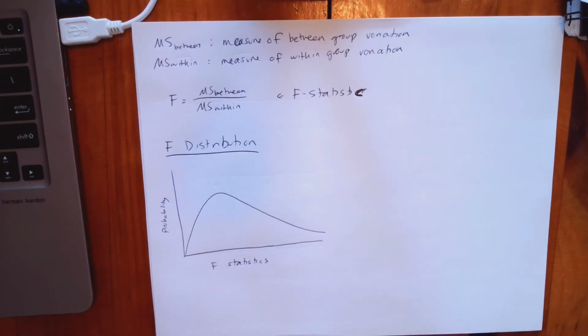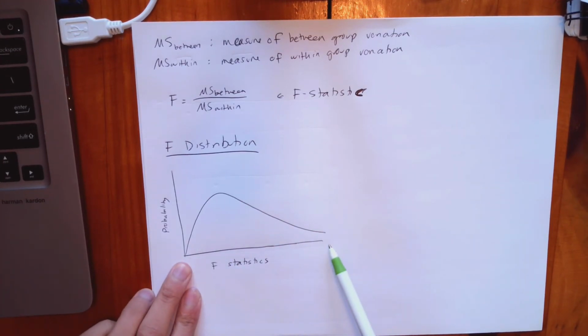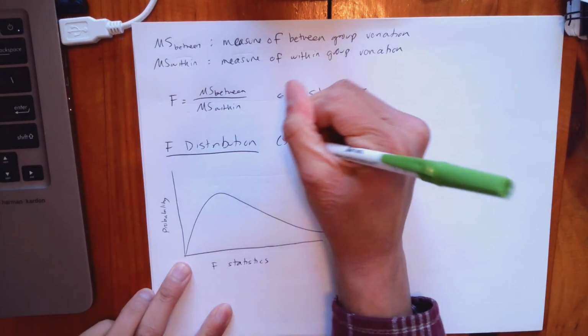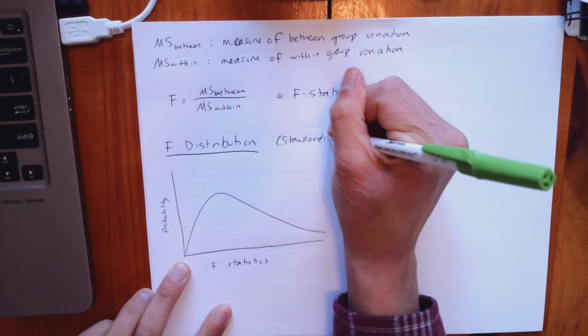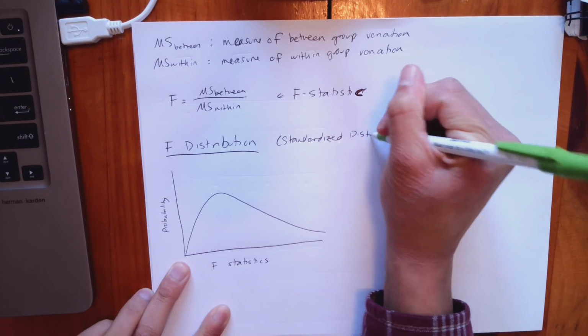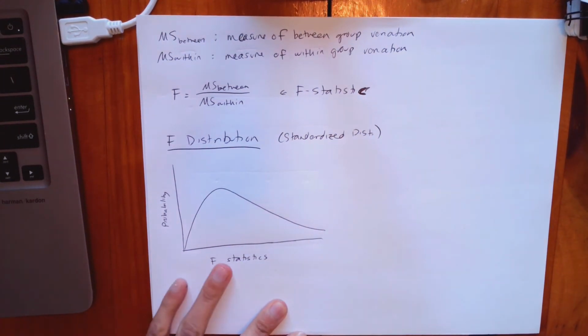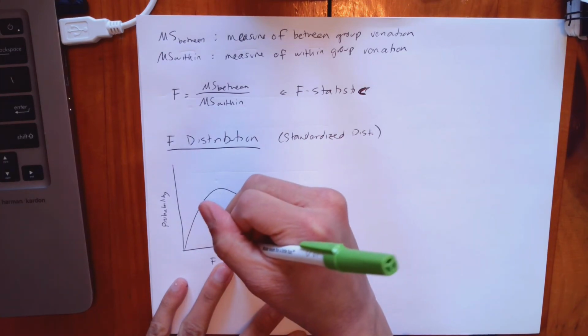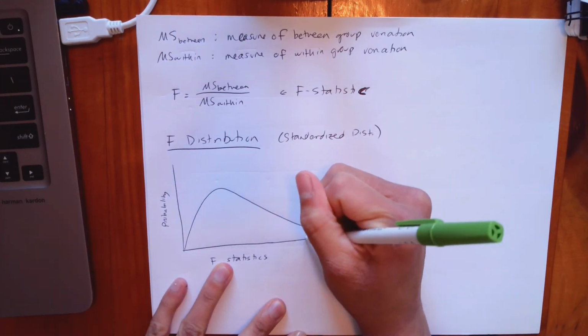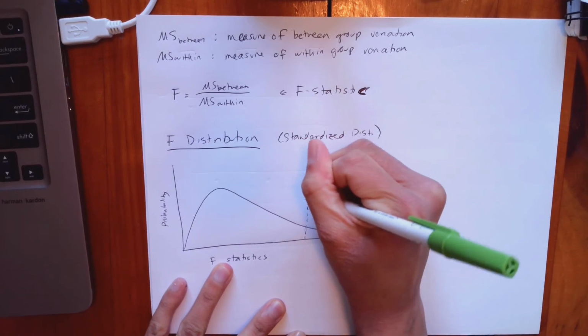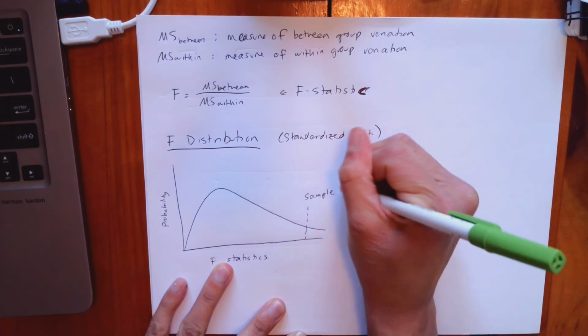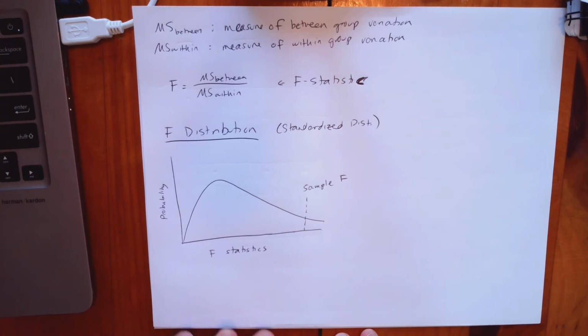So if you take a bunch of samples and calculate an F statistic, it tells you the probability that your F statistic is going to be really low or really high. And this is a standardized distribution, so it's the same each time. Depending on where your sample falls, you can calculate a p-value.